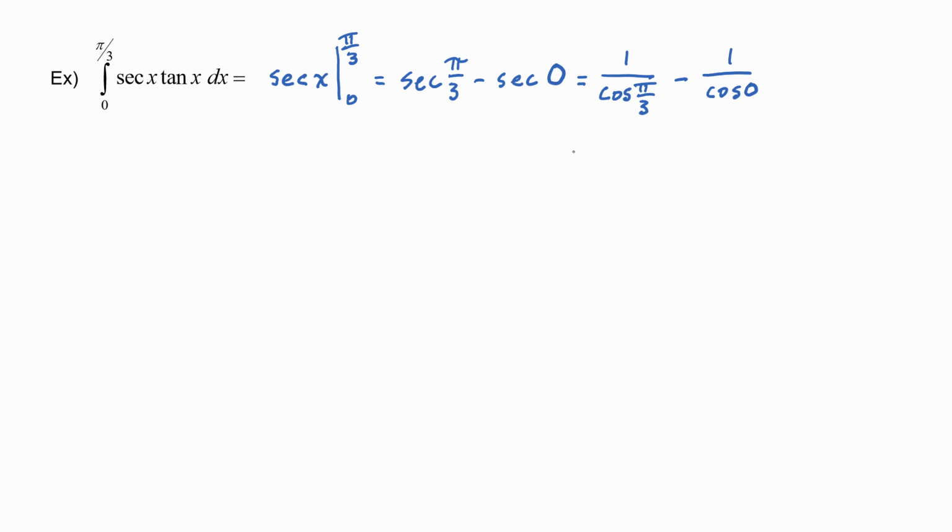Now we can fill in the values. This first term becomes 1 over cosine of pi over 3, which is 1/2, minus 1 over the cosine of 0, which is 1. This simplifies to be 2 minus 1, which is 1.